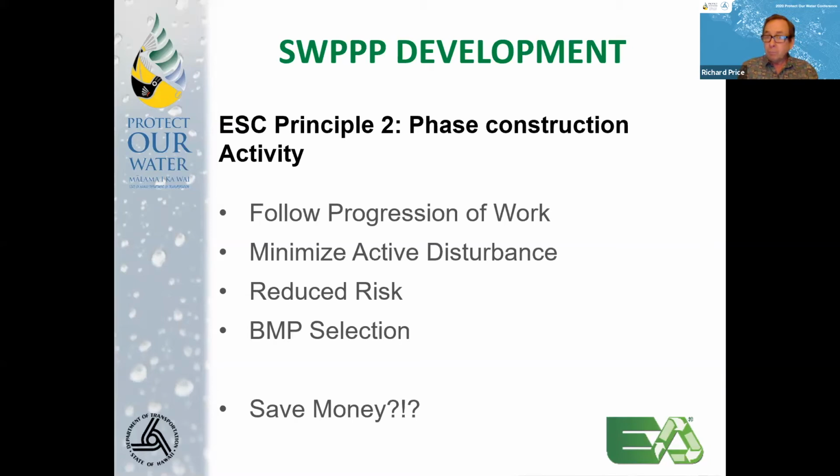But maybe not going to that extreme, by breaking your project into phases, you can minimize the amount of disturbed area that you have, exposed soil. Again, with some of the newer BMPs that are available, like some of the compost socks and things like that, that can be reused, you may be able to reduce the amount of BMPs that you buy, use them on that first section, and then move them to the next section.